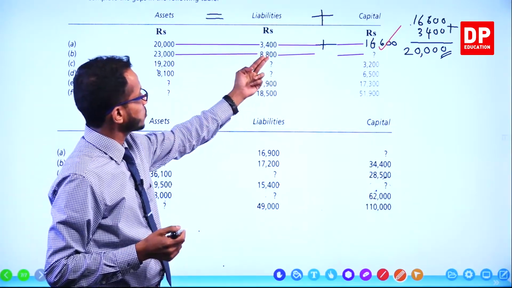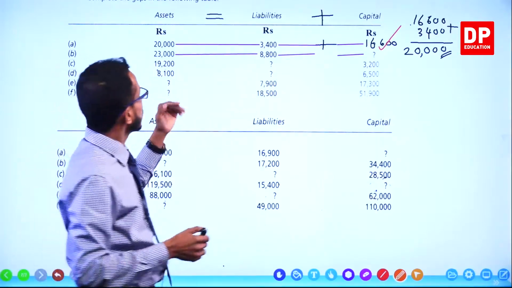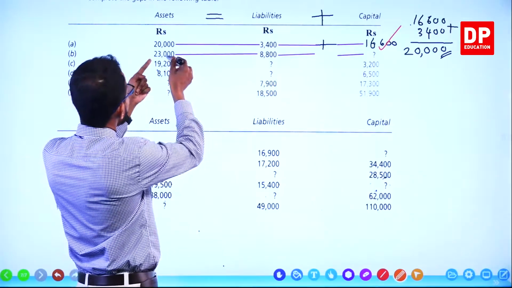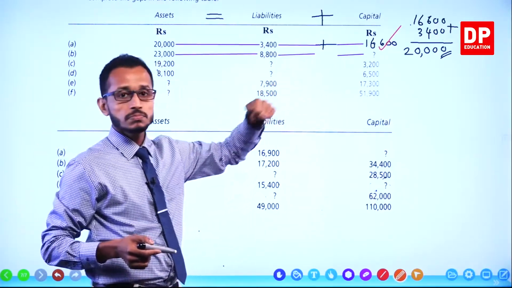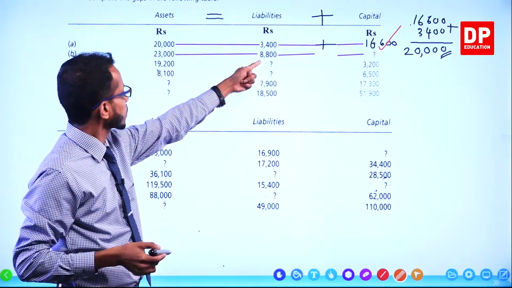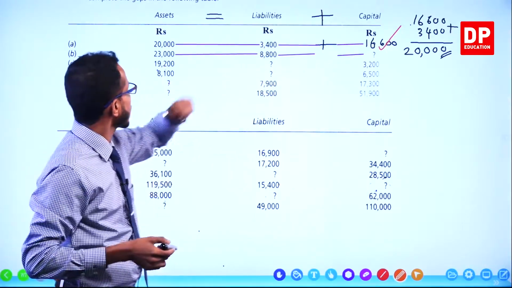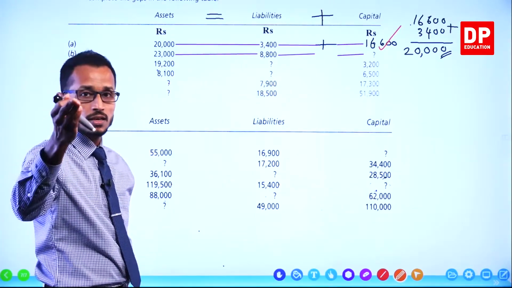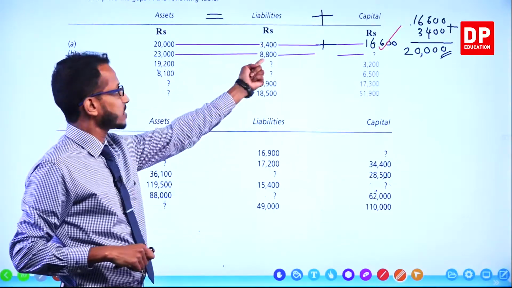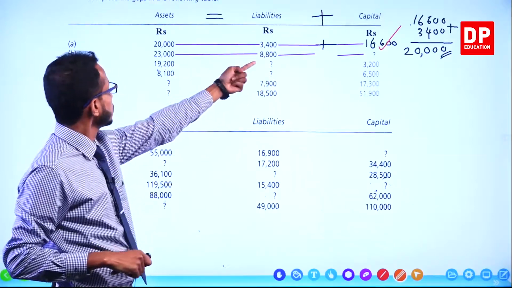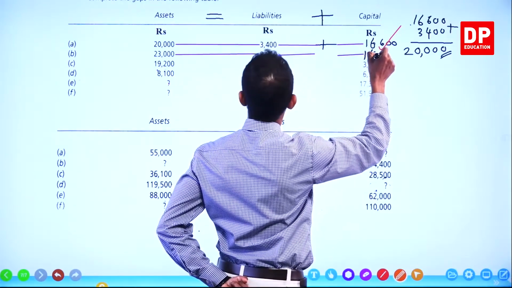Out of that, liabilities 8,800. Simple, right? Subtract this from this. How much should be the capital? 23,000 minus 8,800. How much is the answer? Can you do the calculation quickly? 23,000 minus 8,800 becomes 14,200.